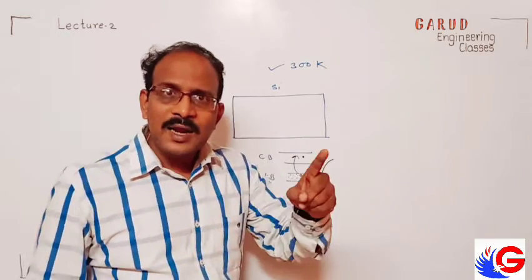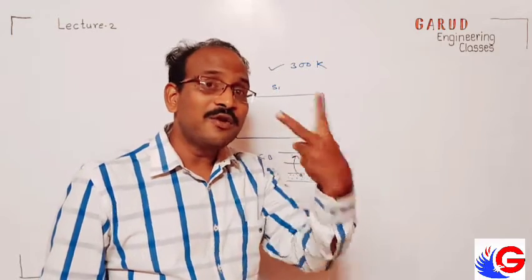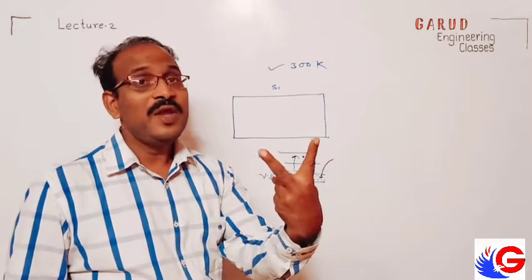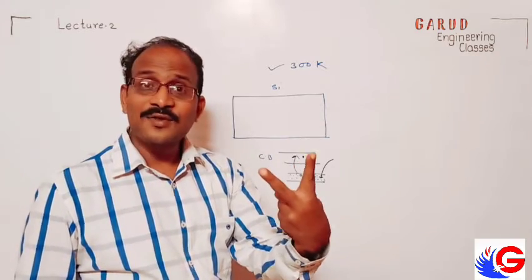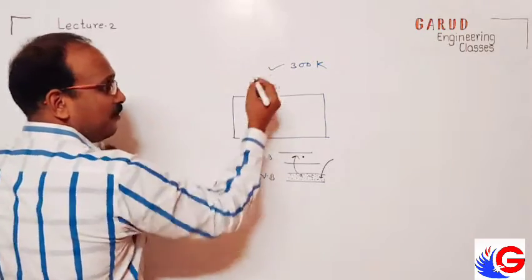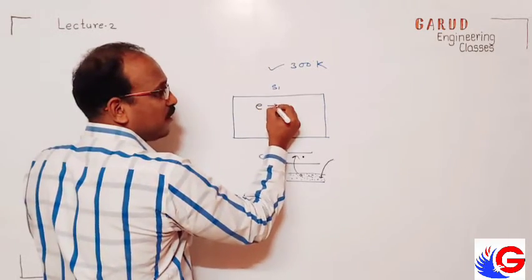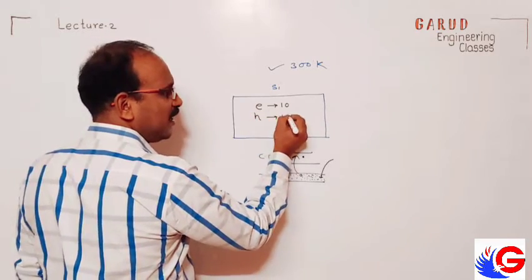So if one electron is generated because of heat, it generates an electron-hole pair. We cannot say a single electron is generated. This is the free electron and the hole. Now, if I say the number of electrons is 10, the number of holes is 10.